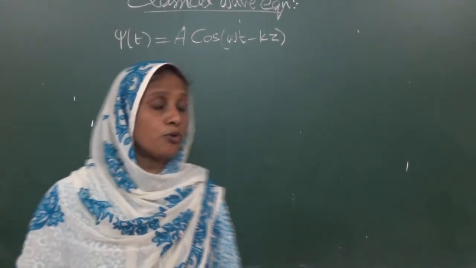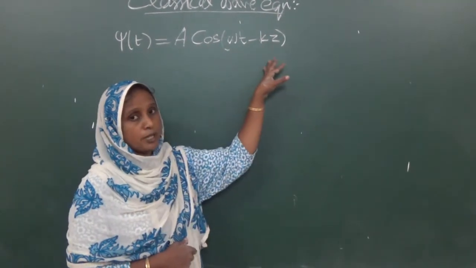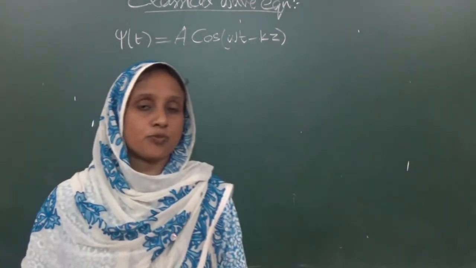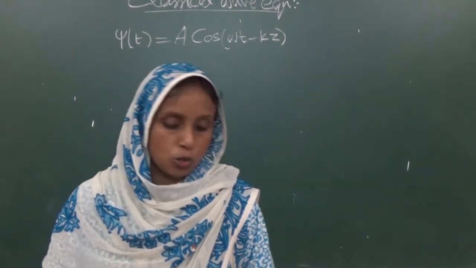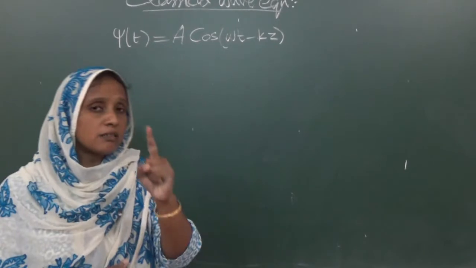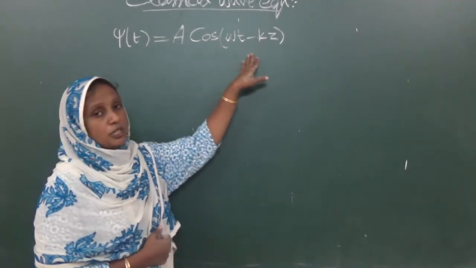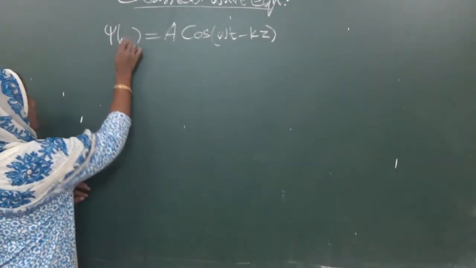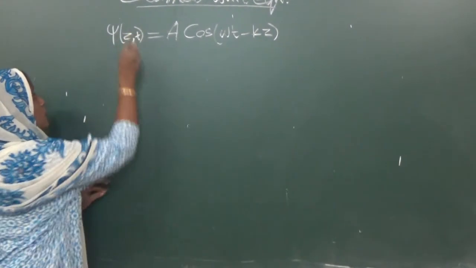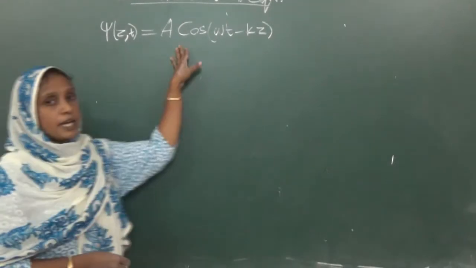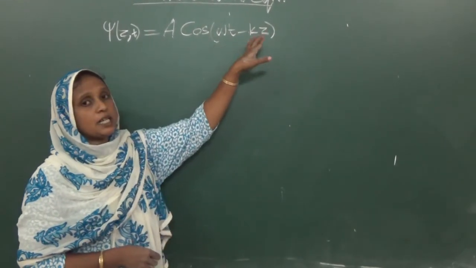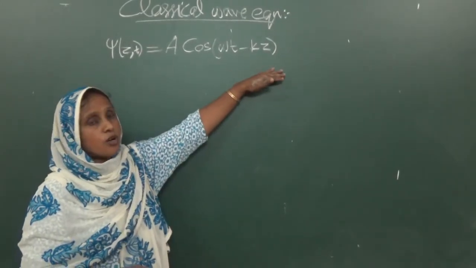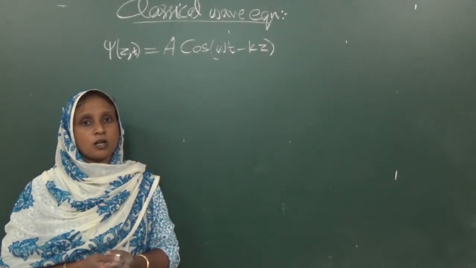As all of you know, these types of harmonics superimpose together and form wave packets. We already learned that. So now we can use this single harmonic function. This is a traveling wave of this form.